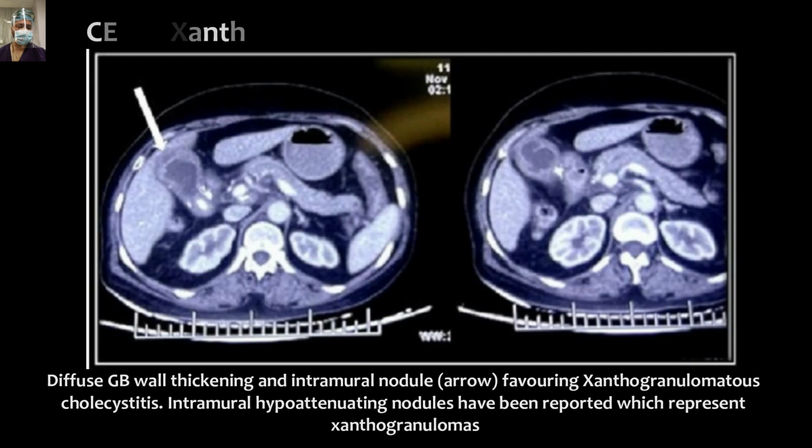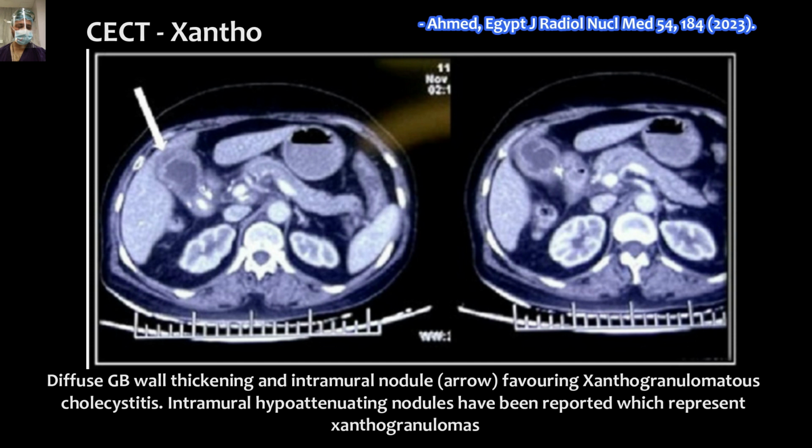Xantho will remain the differential diagnosis which will trouble you all the time, and it is very difficult at times to differentiate, but there are some telltale signs which will help you decide whether it is favoring xantho or malignancy. In this case, there is diffuse GB wall thickening and an intramural nodule, as highlighted by the arrow, favoring xanthogranulomatous cholecystitis. Intramural hypoattenuating nodules have been reported, which represent xanthogranulomatous cholecystitis.